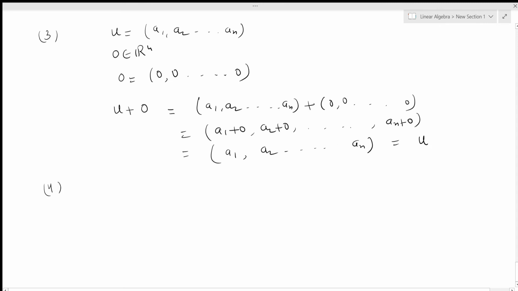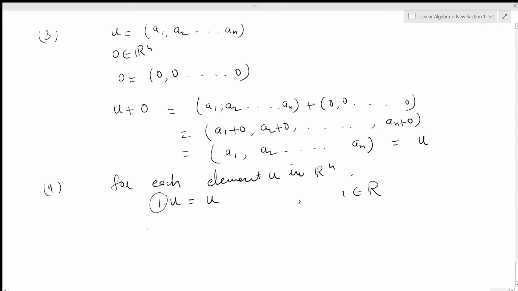Now fourth one, that is multiplicative identity. So for each element U in Rn, what we have to prove? 1 into U is U. So as you know that this is scalar 1 and 1 belongs to real numbers.